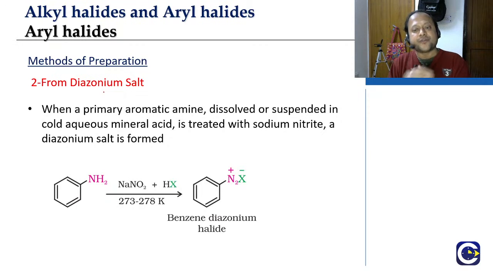So how is the diazonium salt made? By the way, diazo refers to nitrogen. We have two nitrogens over here, so N2, so diazo, and it carries a positive charge, hence diazonium. And of course it's a salt.